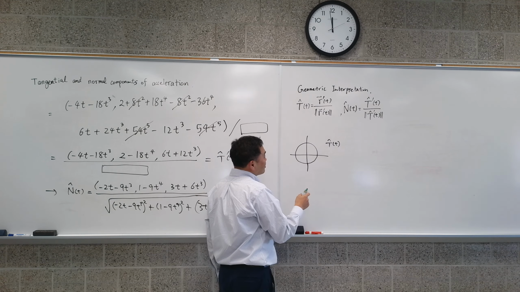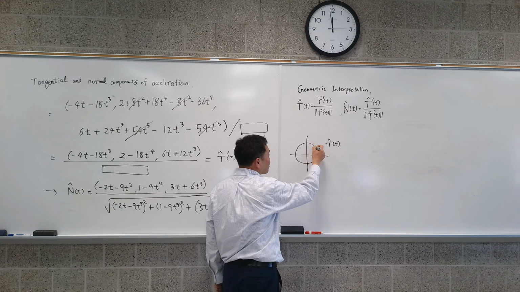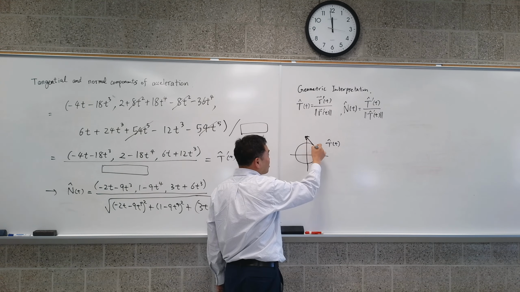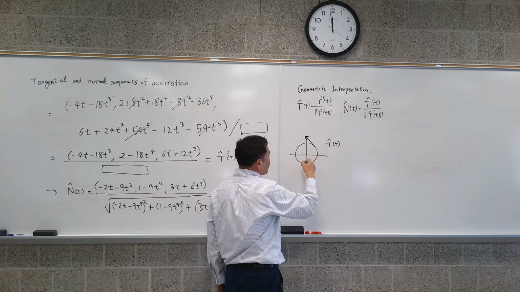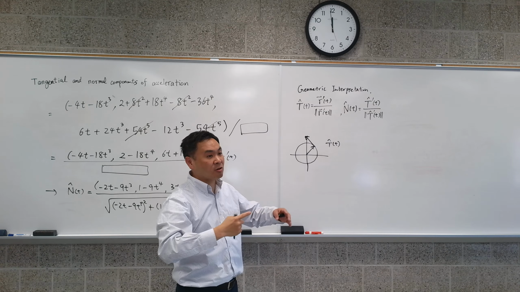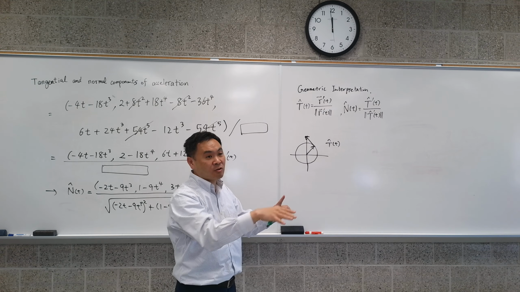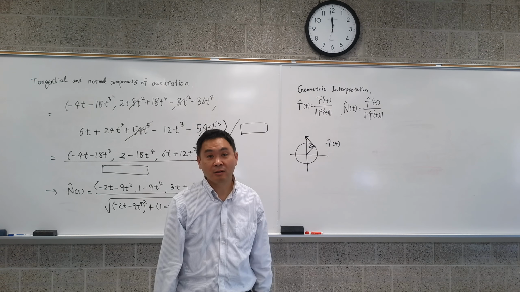In that case, what do we know about its tangent vector? Well, tangent vectors are always tangential to the movement, but because the position vector is pointing in a circle, we know that in a circle, the radius and the tangent vector are always 90 degrees, right? That's always true.